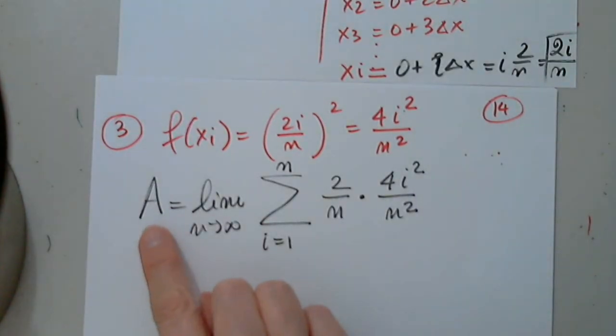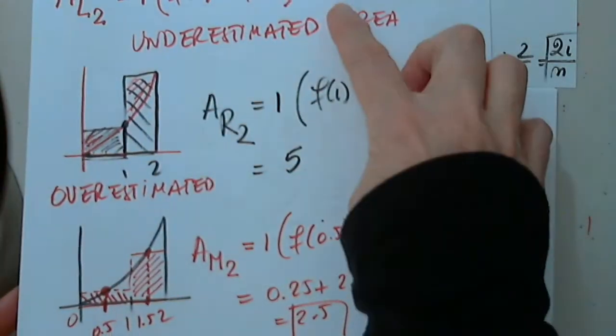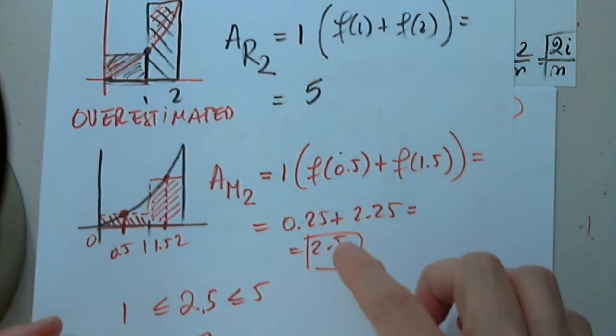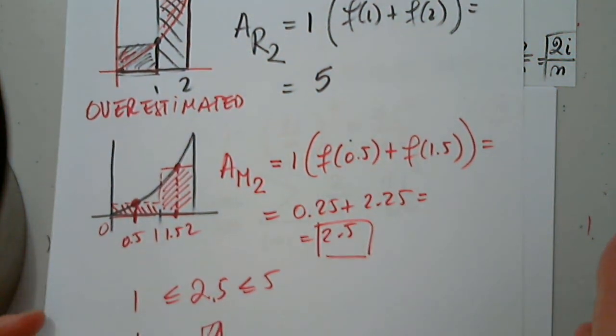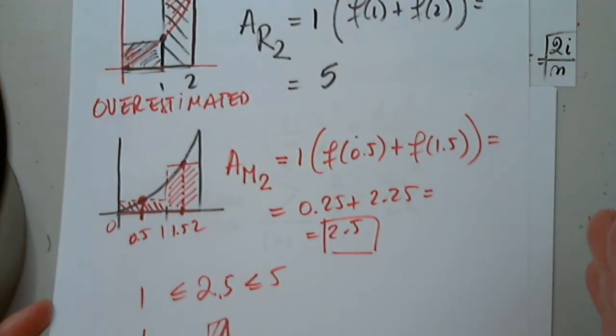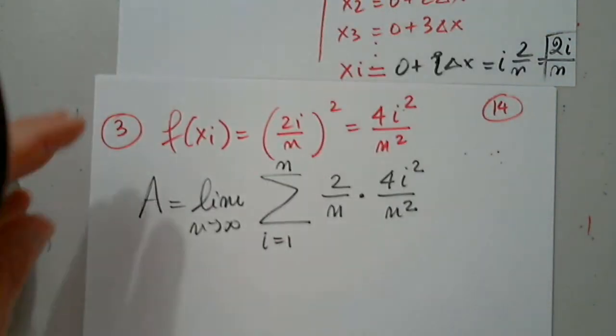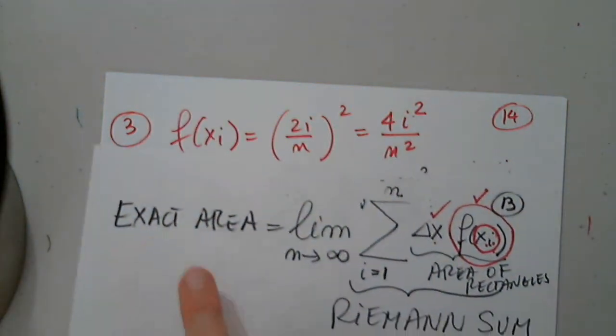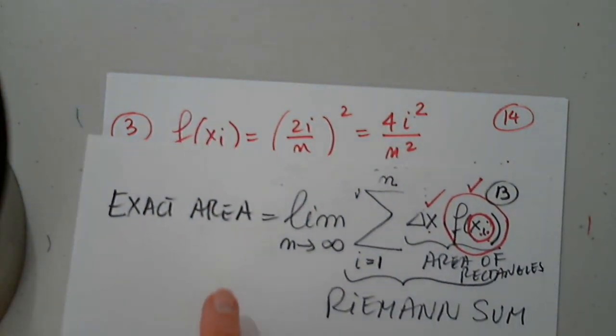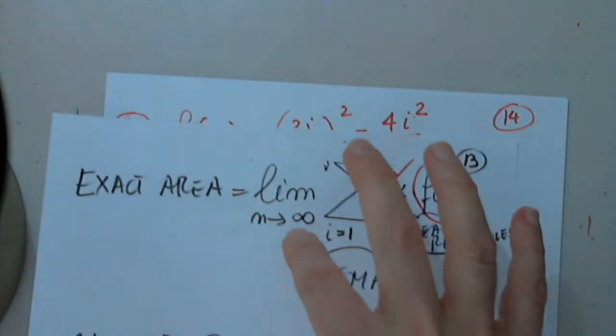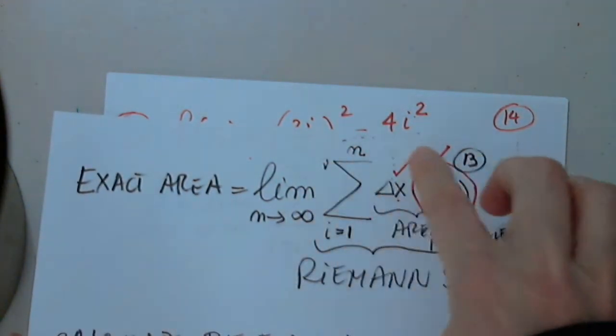We are looking for the exact number. We got 3 numbers so far. We got 1, we got 5, we got 2.5, none of which is the correct answer. They're all approximations. Now here, this is the exact area.